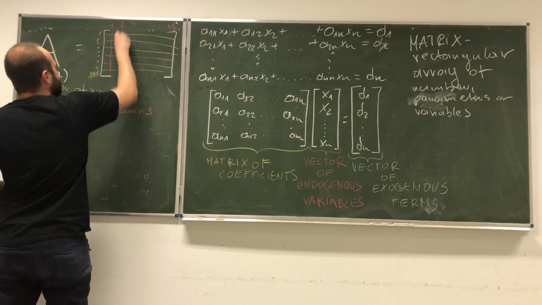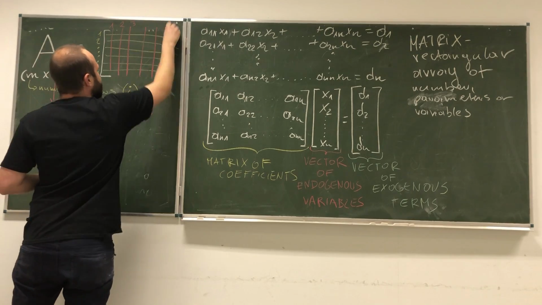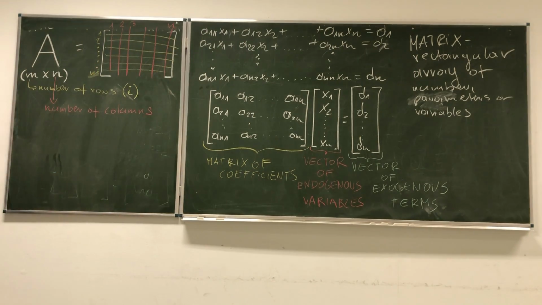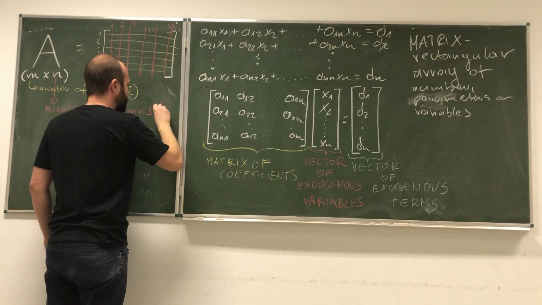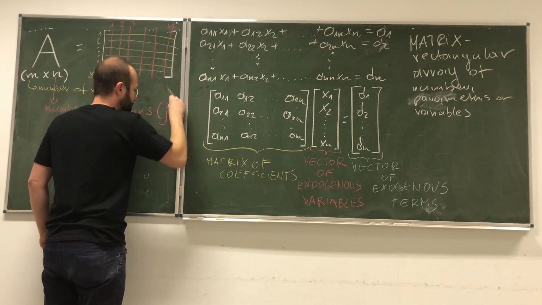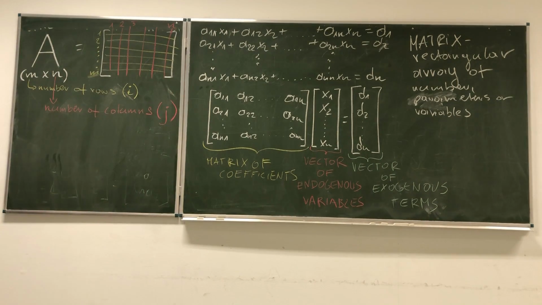And of course, the columns in a matrix are going like this. And the columns we denote by lowercase j.